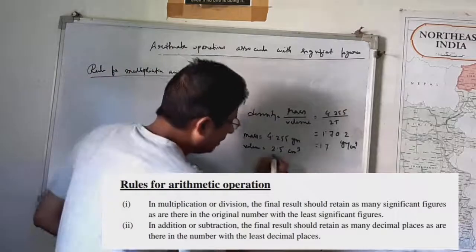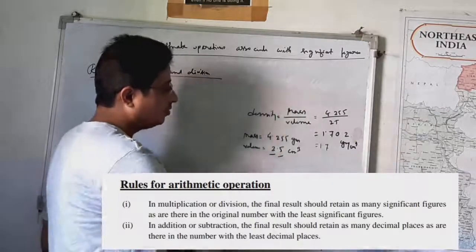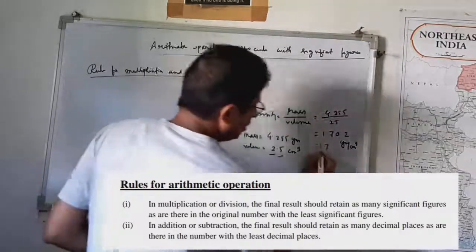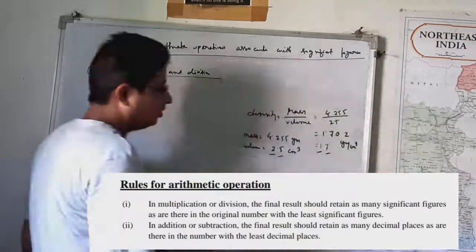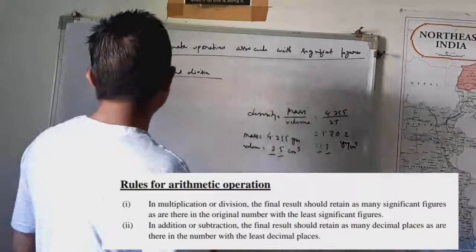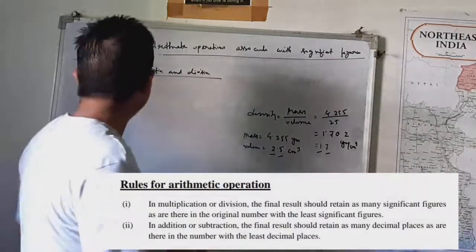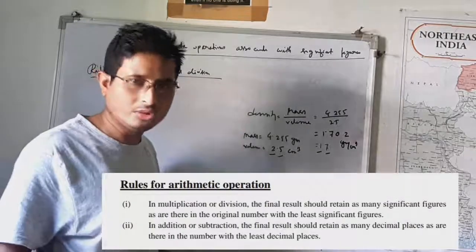Here the volume contains only two significant digits. Therefore, we need to consider only 1 and 7. So a similar rule is applicable for division too.